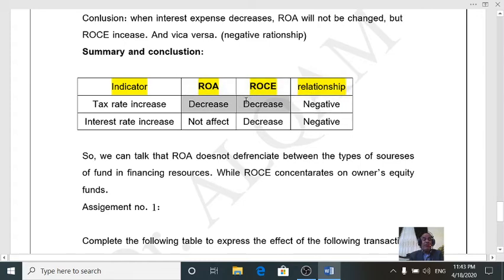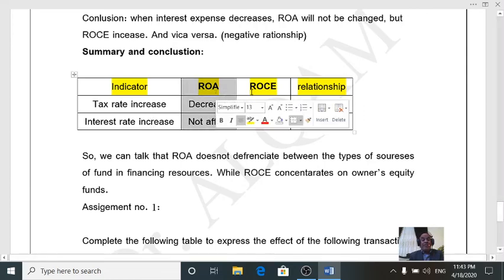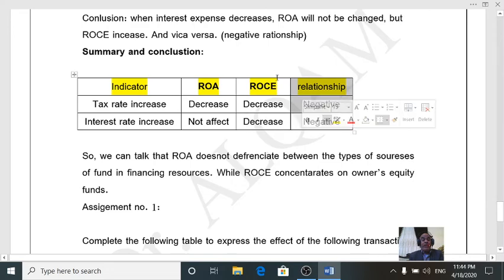When interest rate increases, there is no effect on return on assets, but return on common equity will decrease, so the relationship between return on common equity and interest rate is also negative.